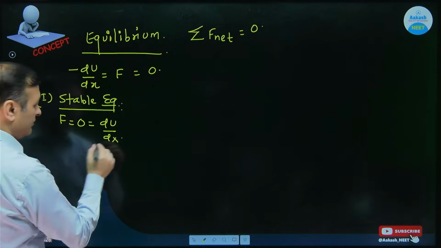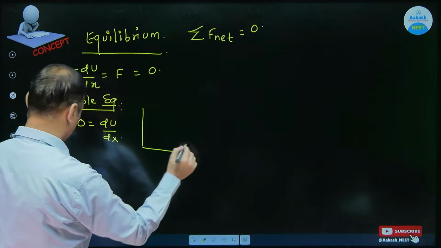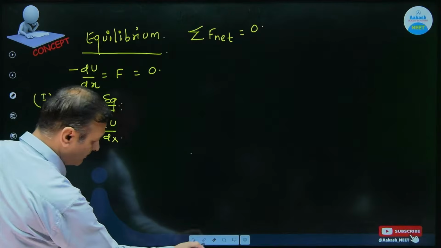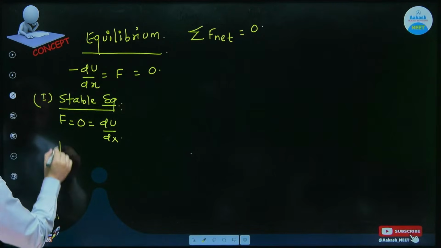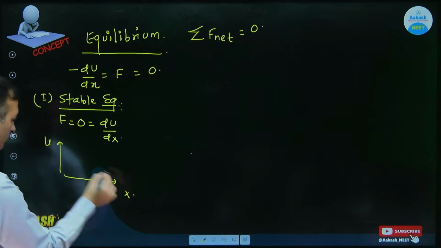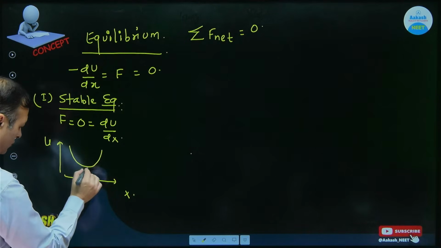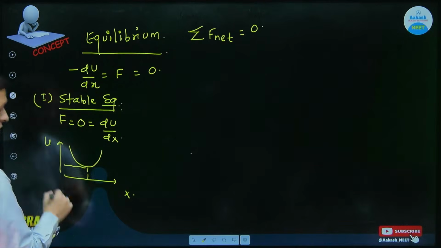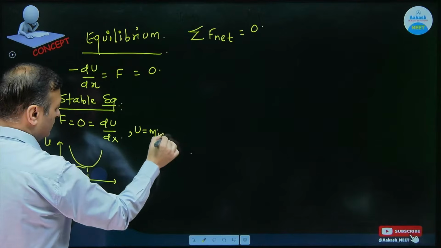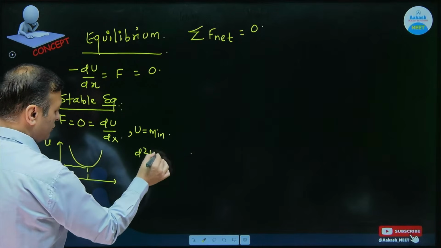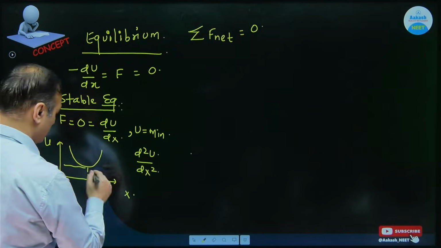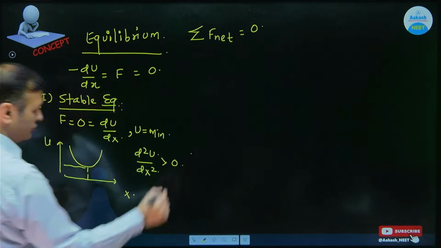And here, if you draw, or let me draw on this side, your potential energy with respect to position, this is how the curve looks like, and the potential energy is minimum here, and for the potential energy to be minimum, your second order derivative is greater than 0.